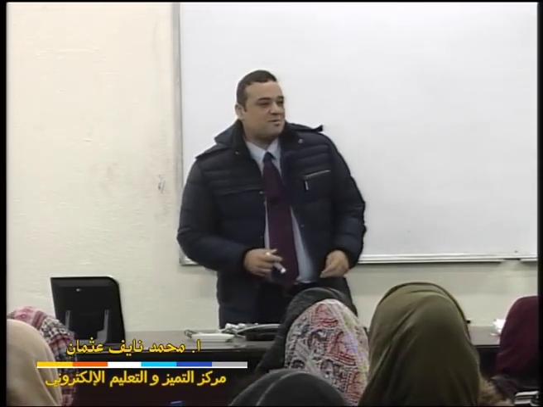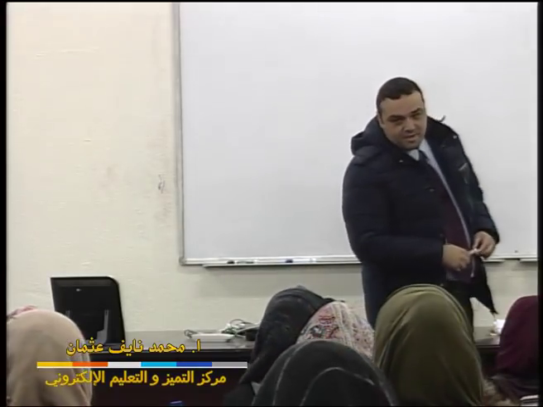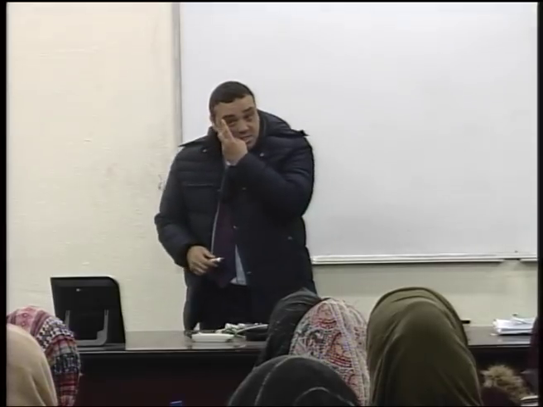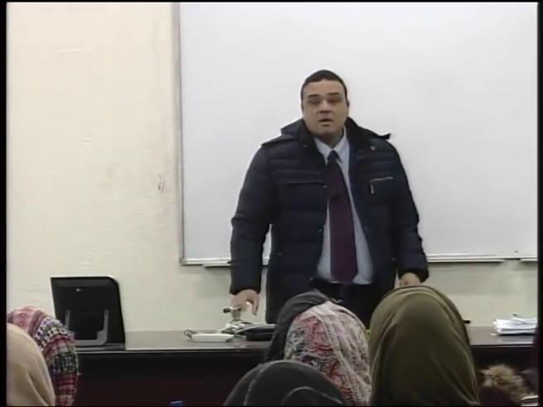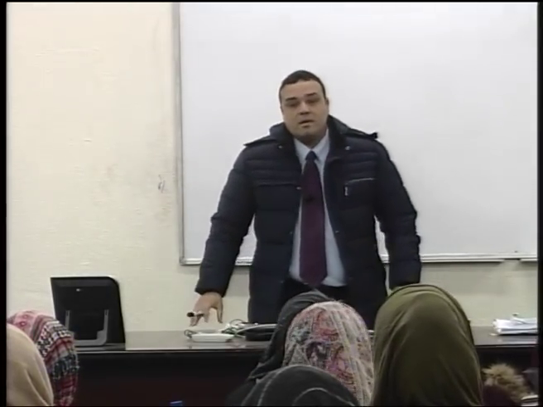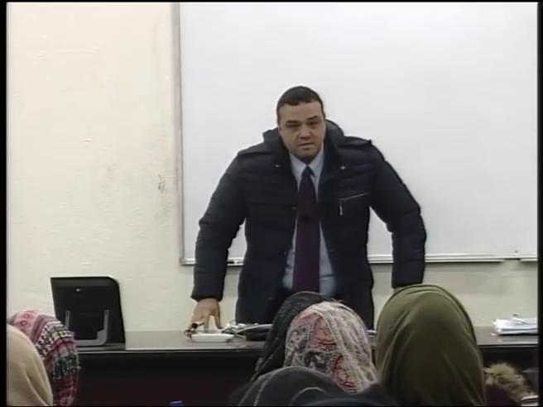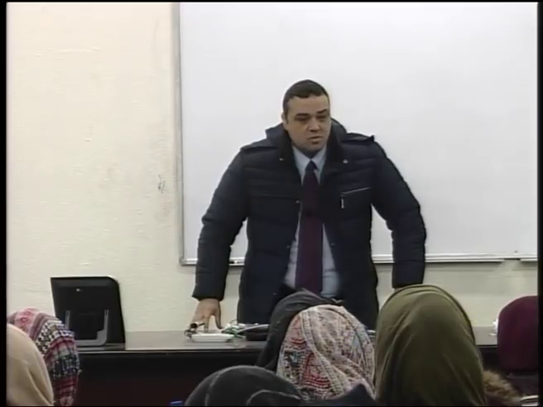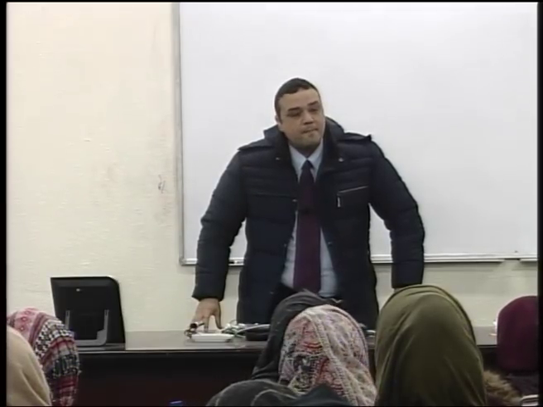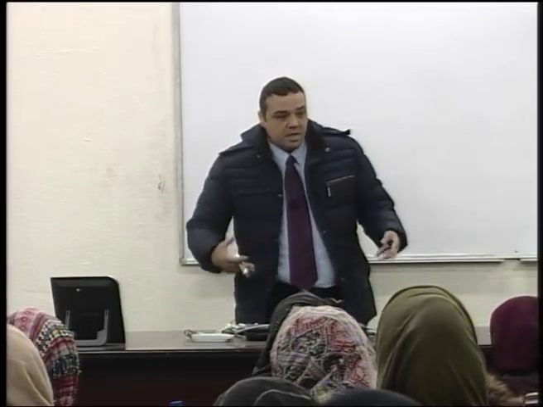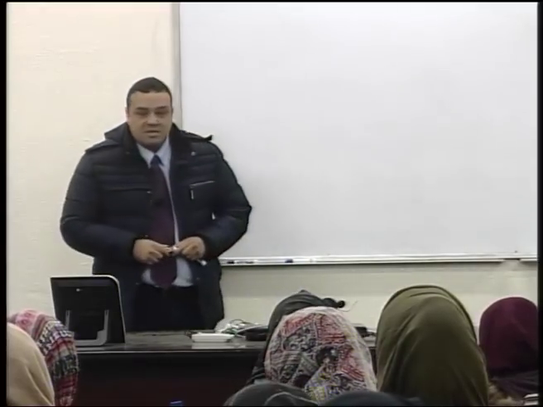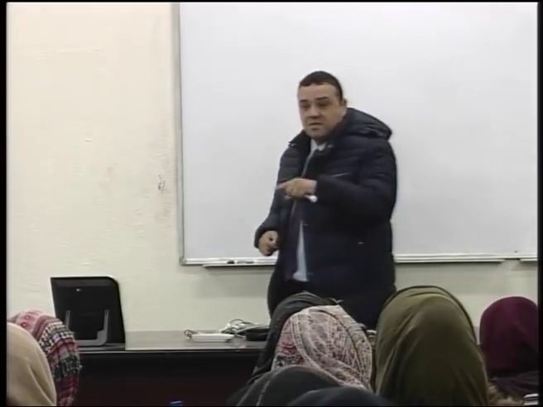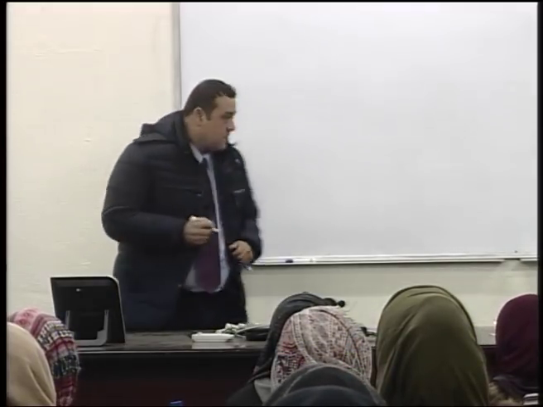Today, inshallah, we are going to complete our talk about the consumer equilibrium using the indifference scale theory. In the last two classes, we said that the indifference curve represents the consumer willingness to consume something, and explains the total utility obtained when the consumer consumes different bundles of goods.